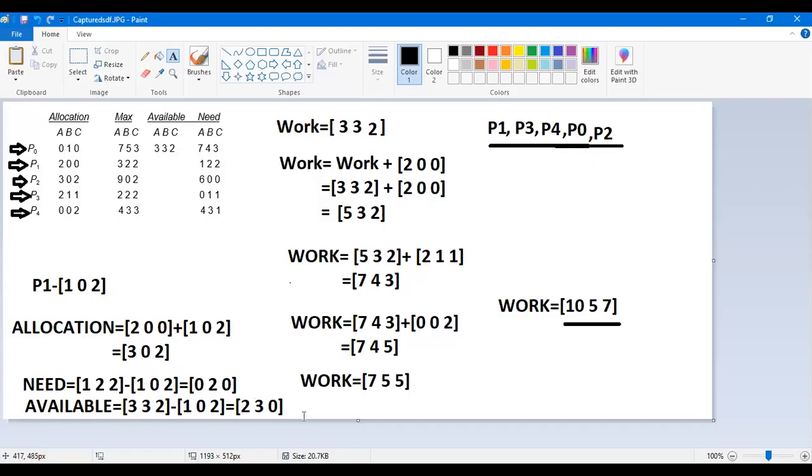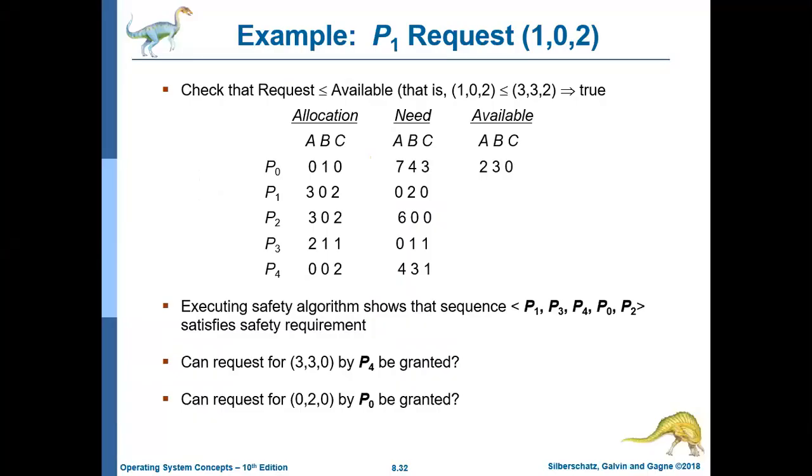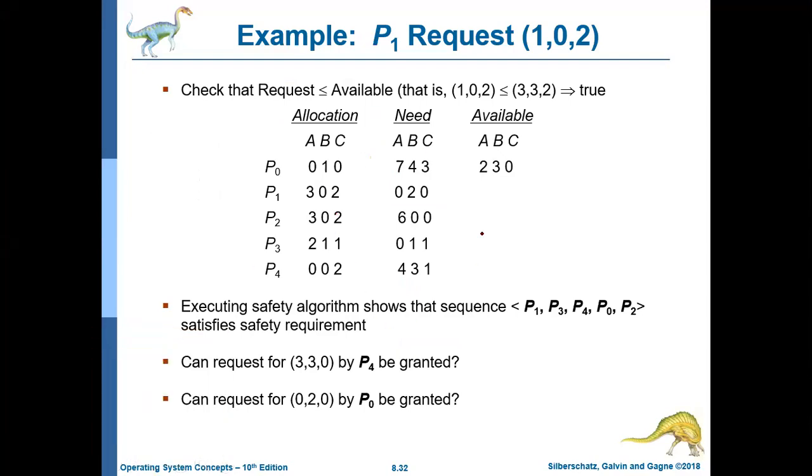Your new available is 230. All other things will be the same because you are only pretending that you are giving these resources to P1 only, not the other processes. All other things will be the same in the system.